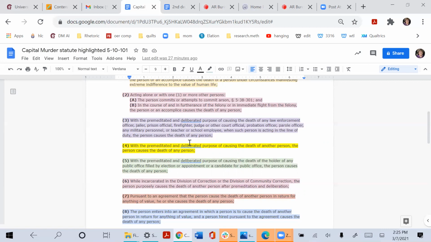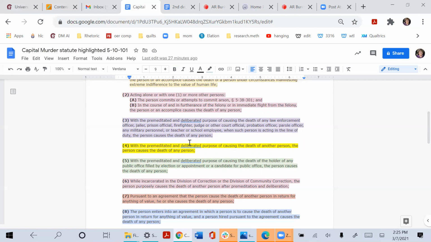And in each of the statutes, you need to find what that general variety is and be aware of the relative value placed on each of these adverbs. So the worst is premeditated and deliberated, which is capital murder.